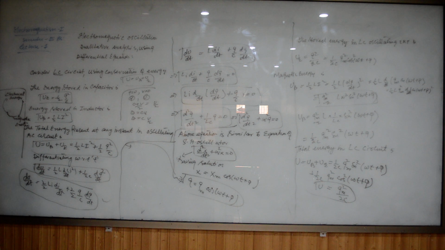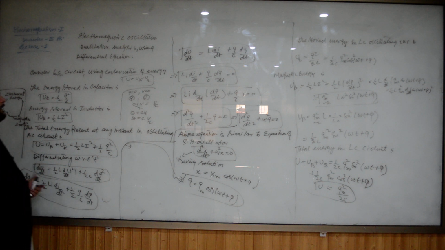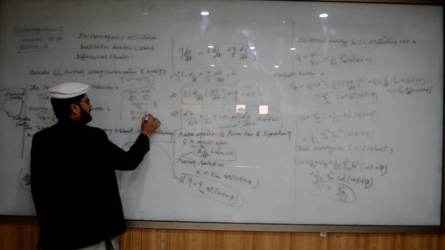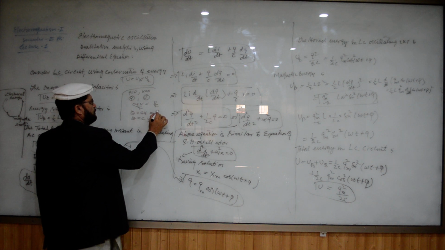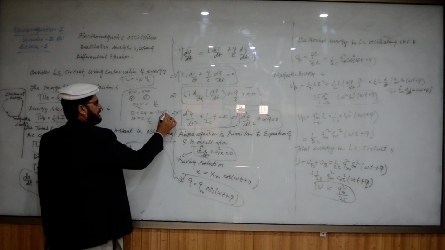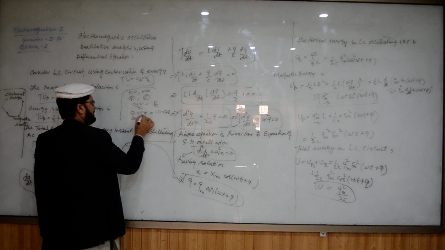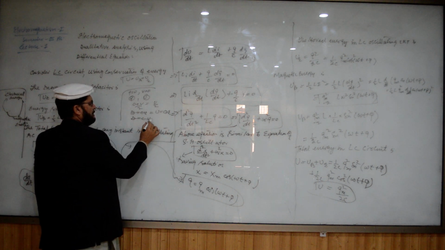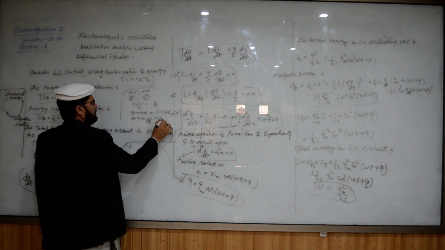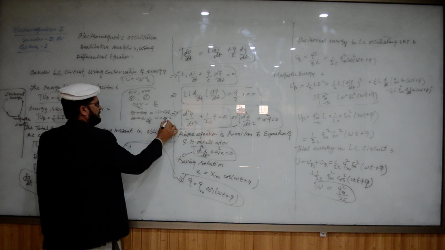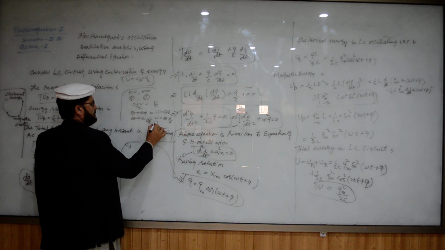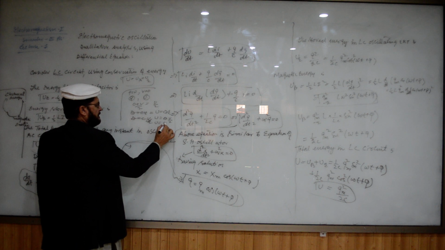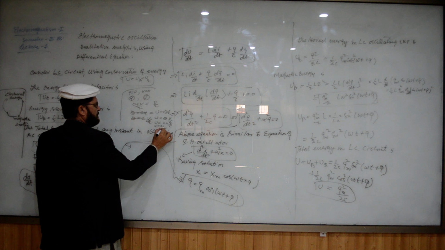Now, if you have an energy, U is equal to QV, that is electrical potential energy, then U is equal to Q times V by 2, and with Q equal to CV, U is equal to CV square divided by 2.